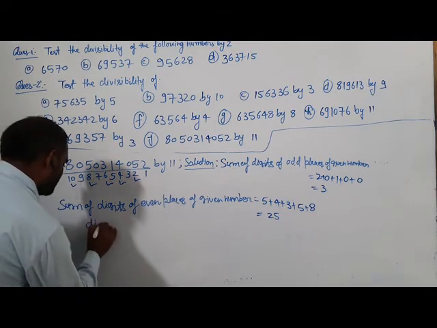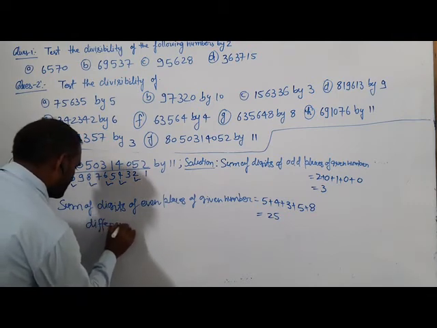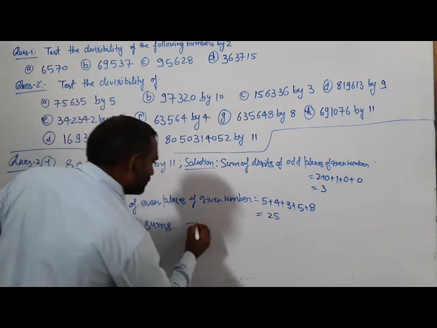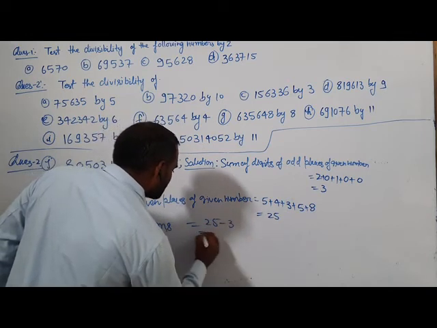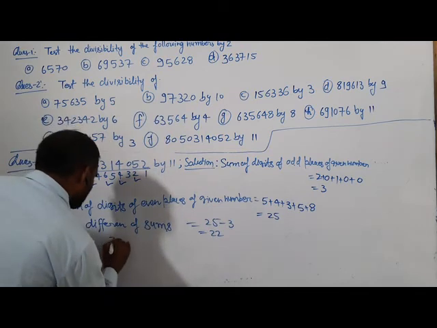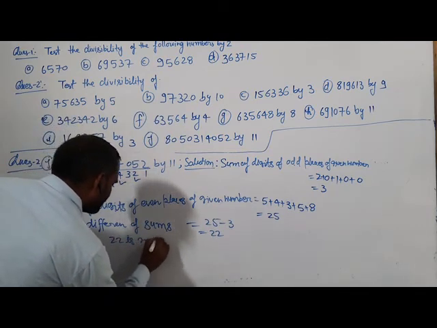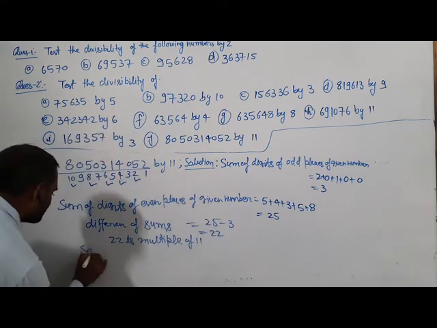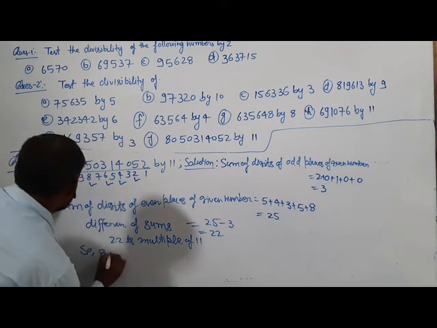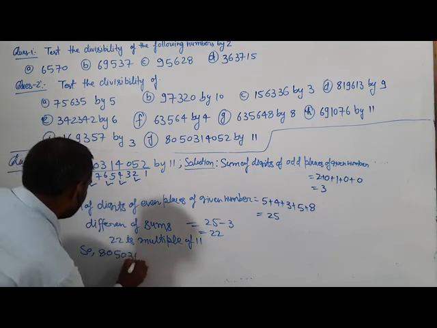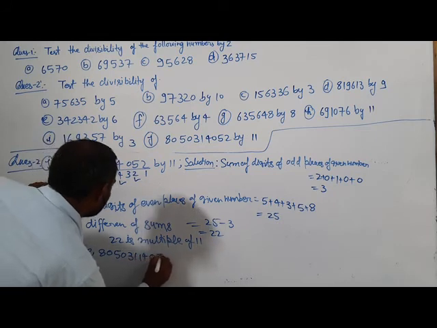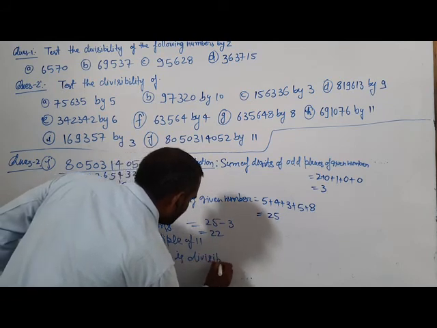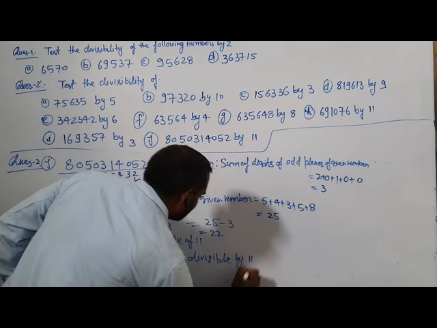The difference of the sums is equal to 25 minus 3, which is equal to 22. 22 is a multiple of 11. Hence 805031405 is divisible by 11.